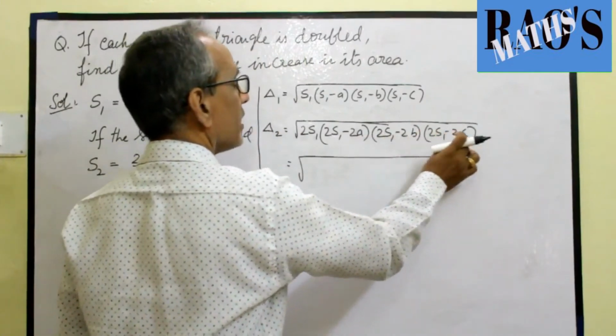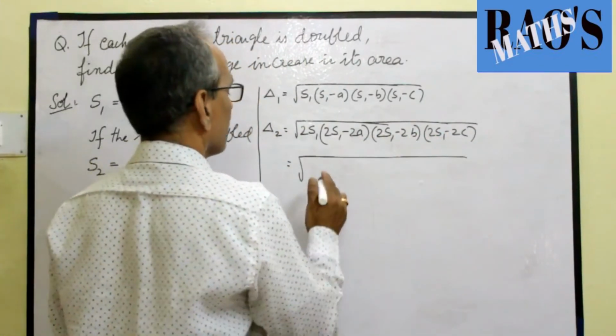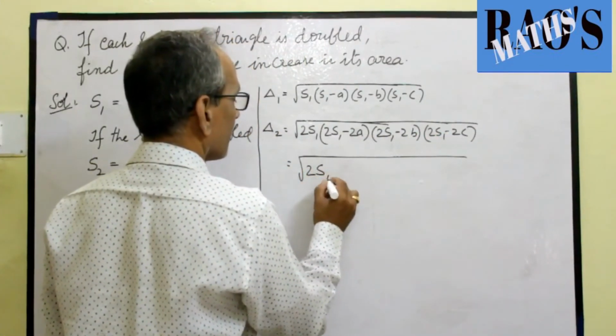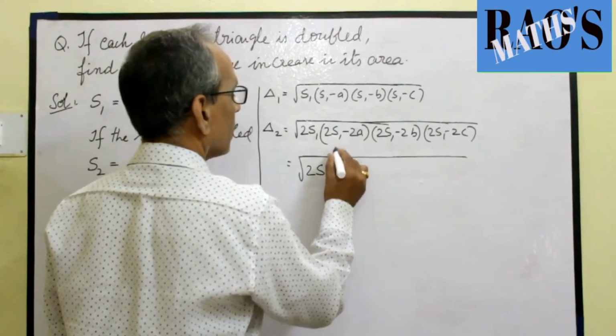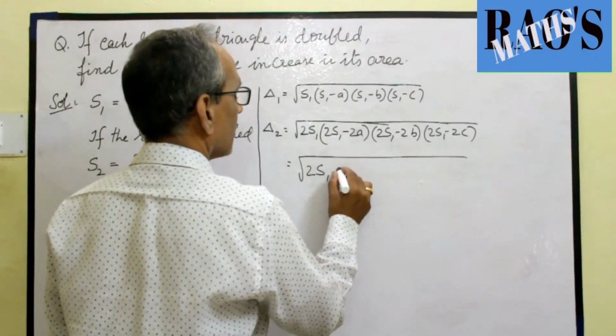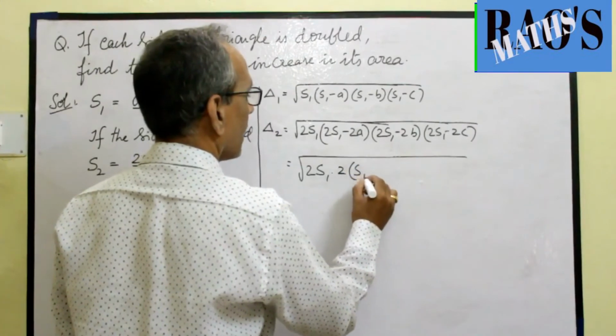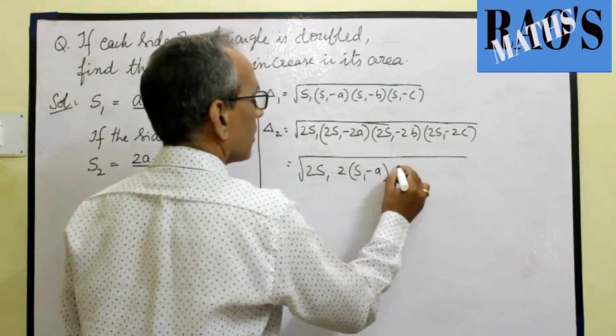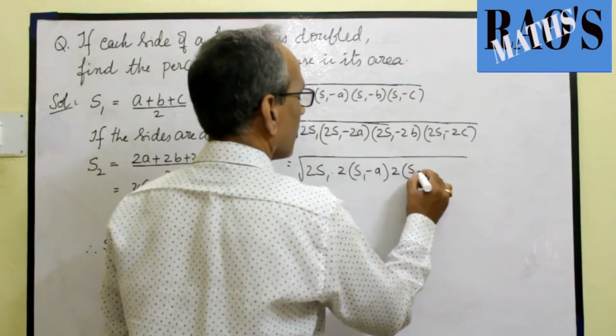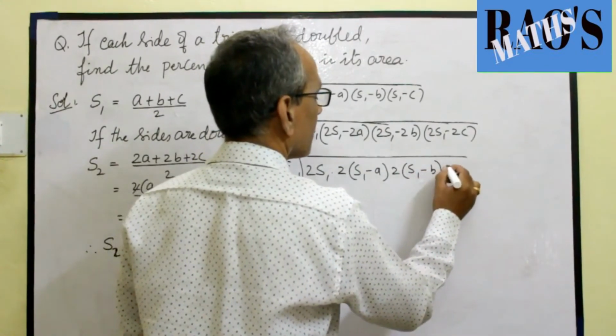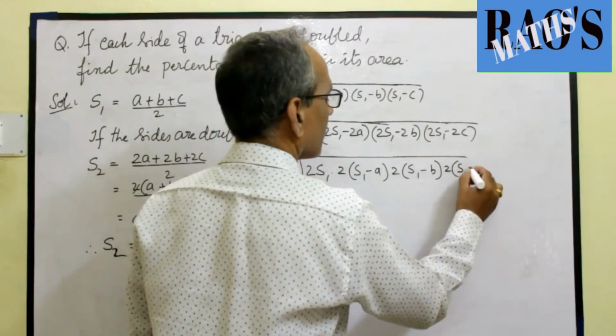Let me factorize each binomial here under root. So 2S1 of 2(S1 minus A), 2(S1 minus B), 2(S1 minus C).